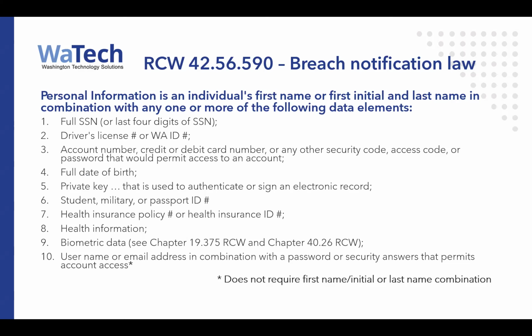The reason for that is that the breach notification law is very specifically focused on financial harm and identity theft. So what you see here are identifiers that could be used to harm somebody financially, which is not the entire scope of potential privacy harms. So it's something that's out there and that we frequently get questions about. It is helpful to understand it, especially if you're involved in incident response in any way, but it's not the general definition that we normally use.